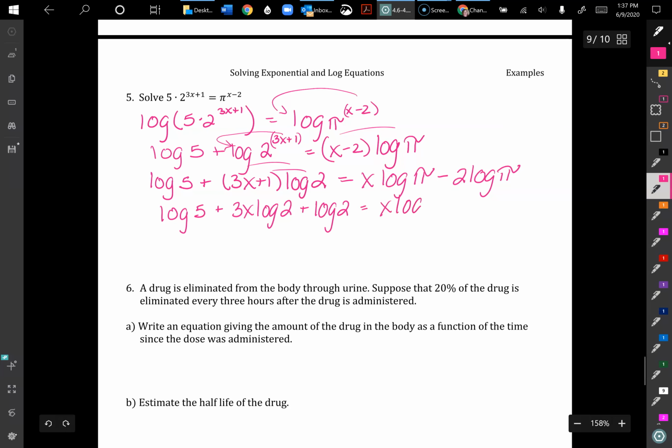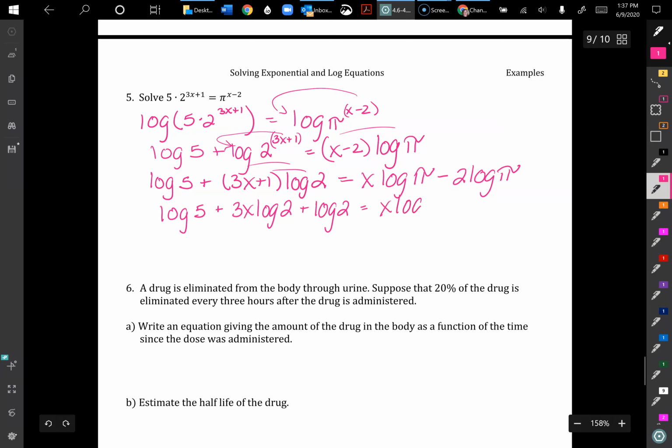Okay, so our initial function here will be our end amount, A of T. So write an equation giving the amount of drug in the body as a function of the time since the dose was administered. So A of T equals A sub 0 is going to be our start amount, initial. So A0, or A initial.